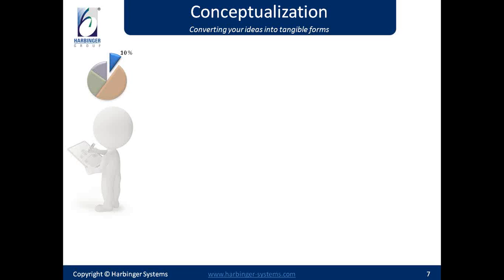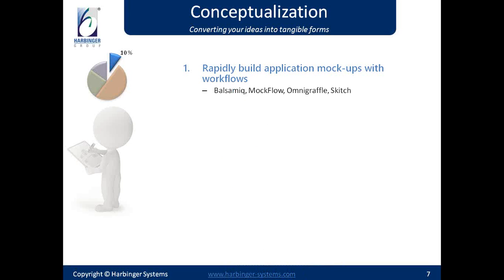Now we would start off with tips one after another. These tips have been numbered so that towards the end you would get a set of 12 tips. So I would like you to follow them one after another. Tip number one falls under conceptualization, which says that you need to rapidly build applications using mockups and workflows.